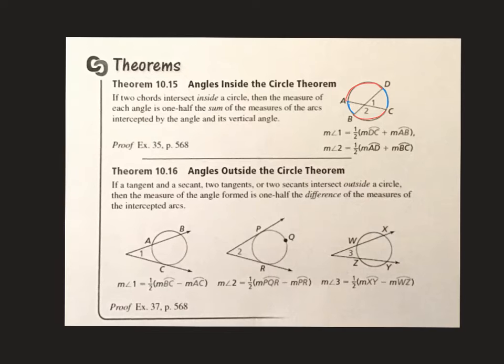So for a tangent and a secant, if we wanted to find angle 1, we would do half of BC minus AC. If we needed to know angle 2, we would do half times PQR minus PR, so the bigger minus the smaller. And then if we needed to find angle 3, we would do the arc XY minus arc WZ and cut it in half.